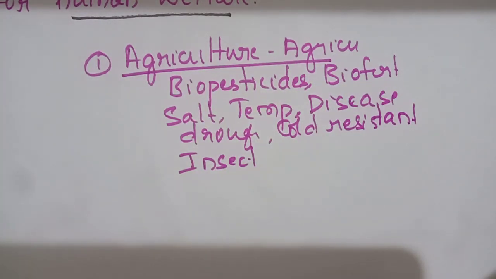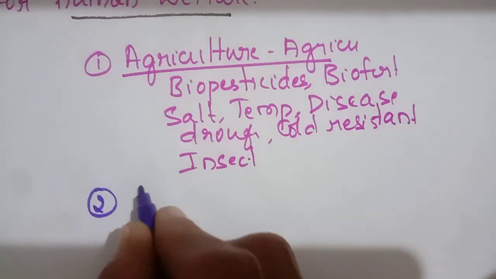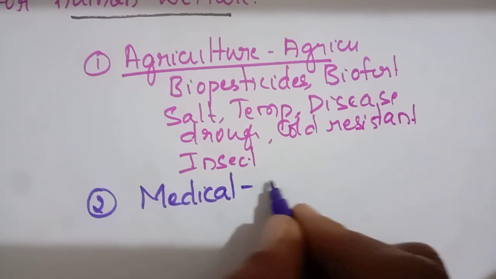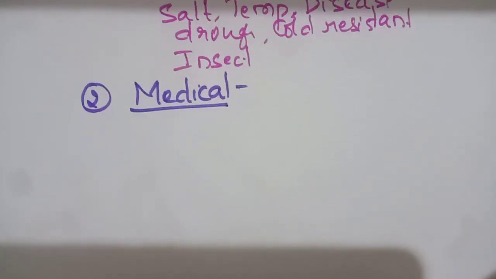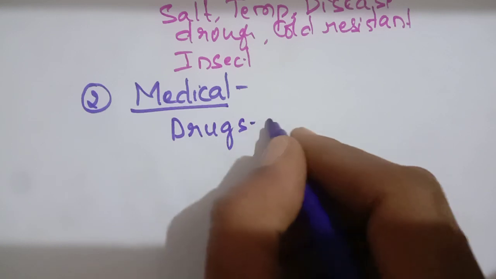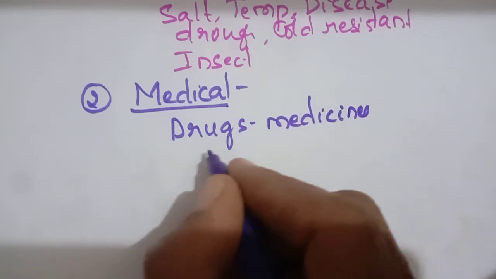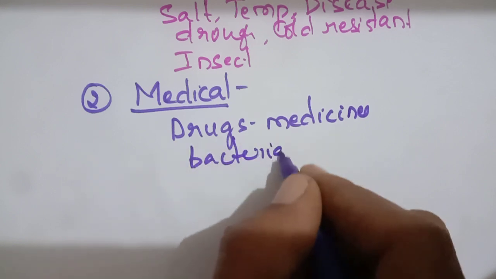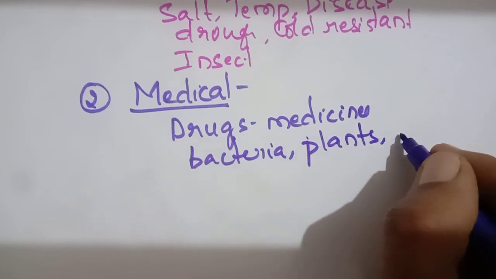Likewise, we have many other applications, for example in the medical or clinical field, medical biotechnology. Here we can produce a number of drugs. Drugs means medicines, from living organisms, maybe bacteria, plants, microbes or any other organism.